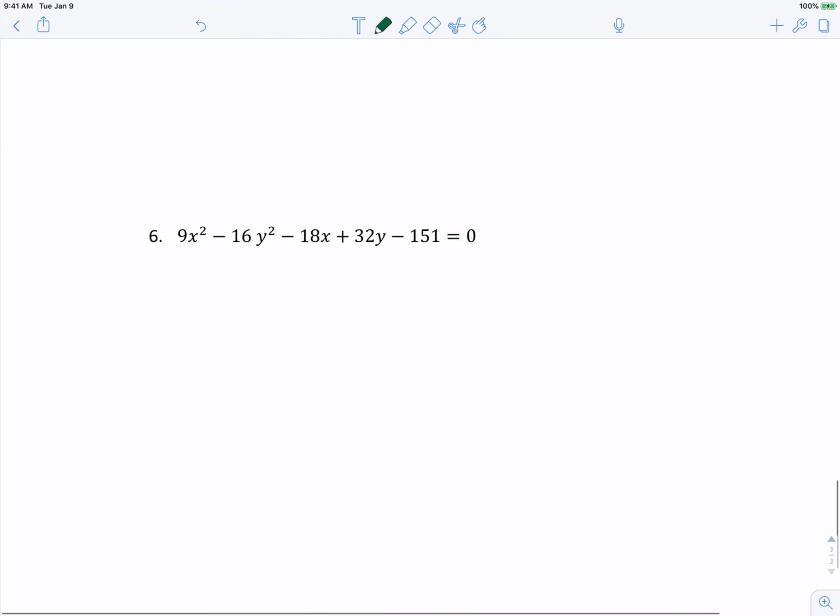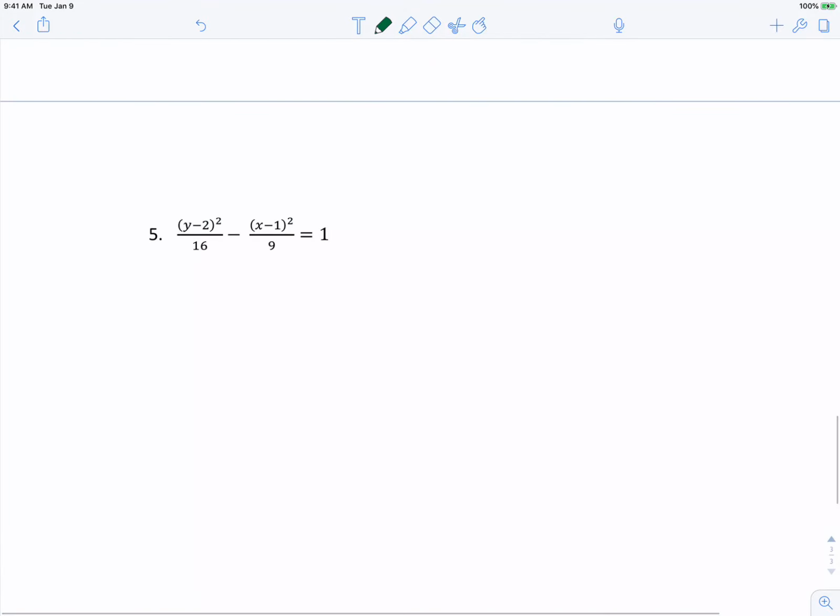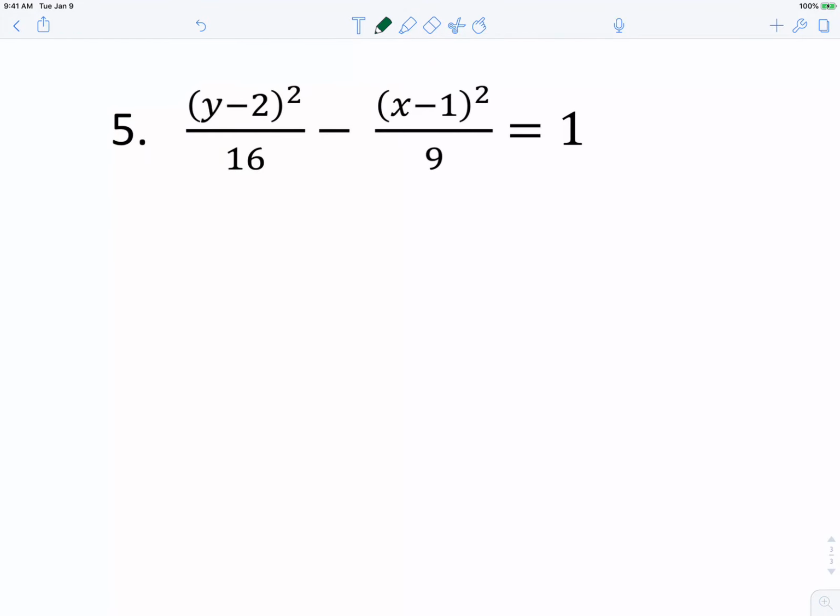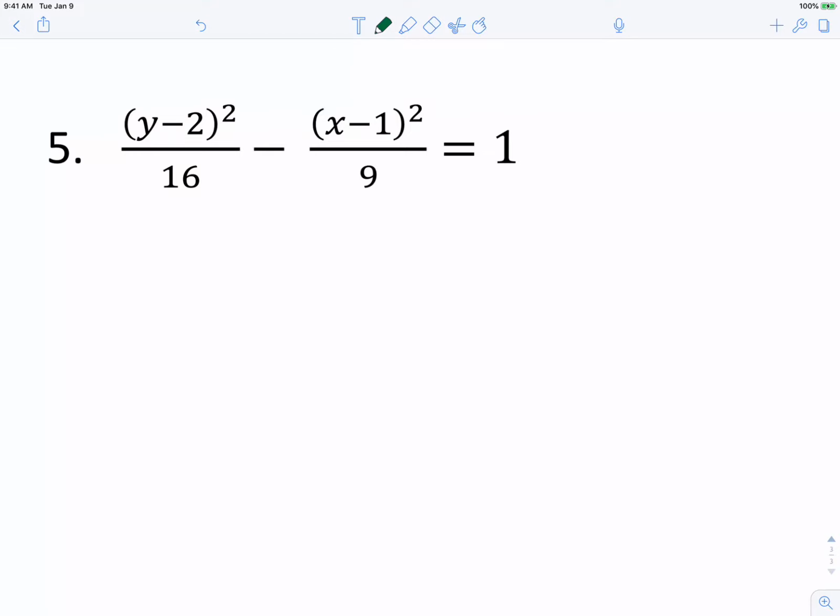All right, so now we're going to look at a couple. We'll do two where we're not centered at 0, 0. So we're going to start with our center being 2, 1. Oh wait, I have that backwards. Sorry, it should be 1, 2.